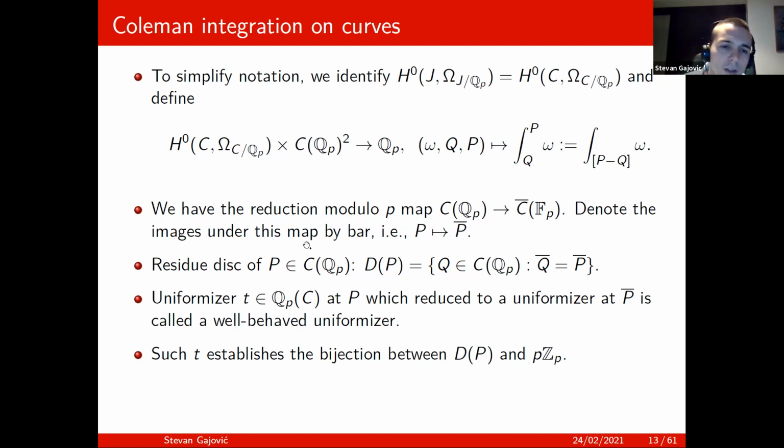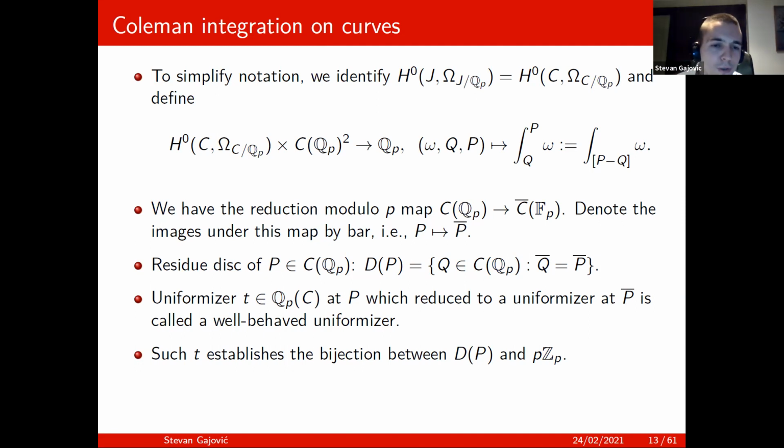Then we need to introduce some more notation. If the curve is smooth, then we have a uniformizer at P, a generator of the maximal ideal of its local ring. When we take a uniformizer T, we can reduce it to a uniformizer at the point of the reduction mod p, P bar.